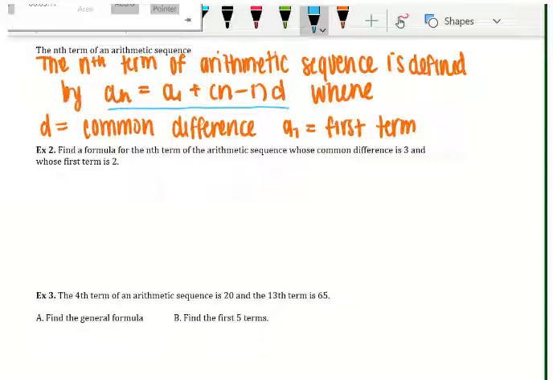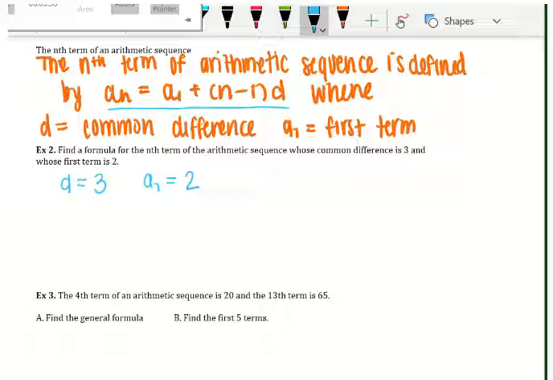Example number 1 says, find a formula for the nth term of the arithmetic sequence whose common difference is 3 and whose first term is 2. That just means d is equal to 3 and a1 is equal to 2.